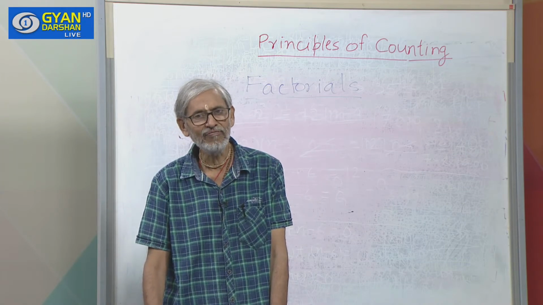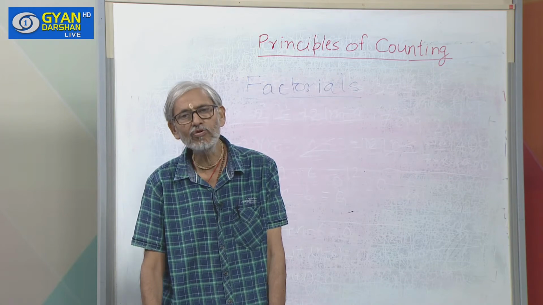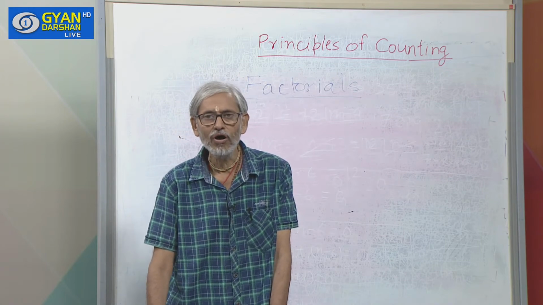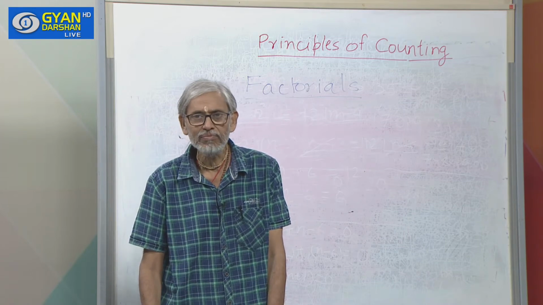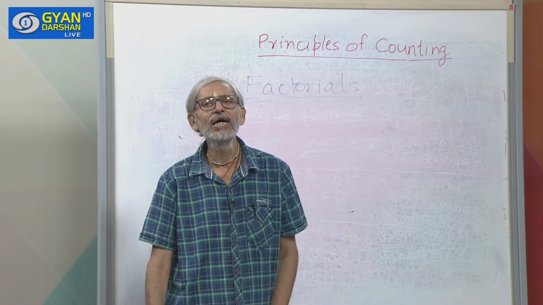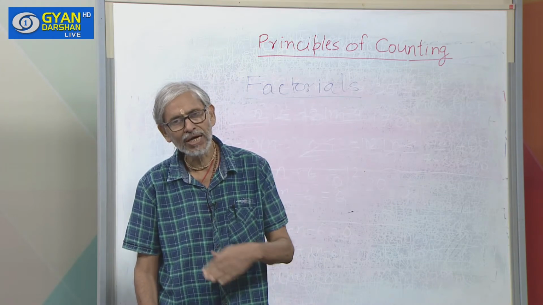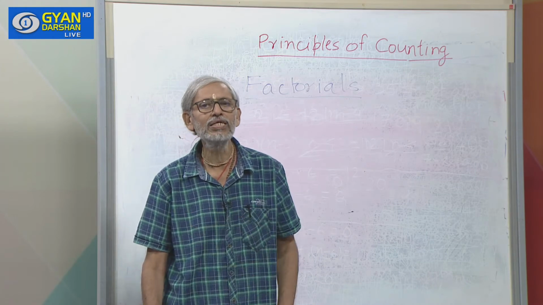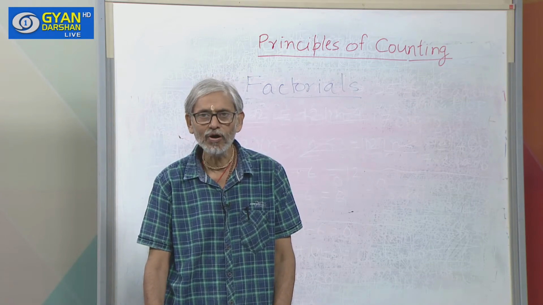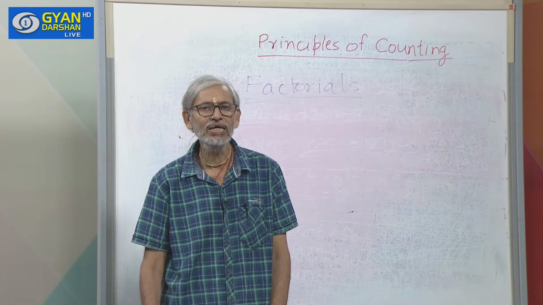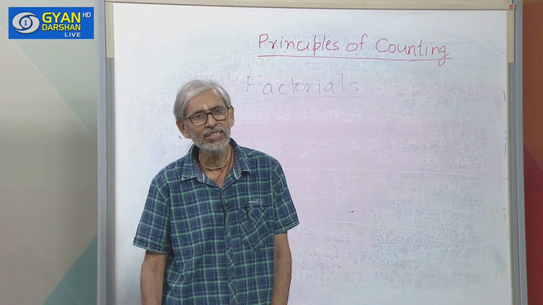So, FPM, that is fundamental principle of multiplication, says that all the n jobs can be done in succession in M1, M2 till Mn ways. If you multiply all the number of possible ways for each job, then it will give the total number of ways.